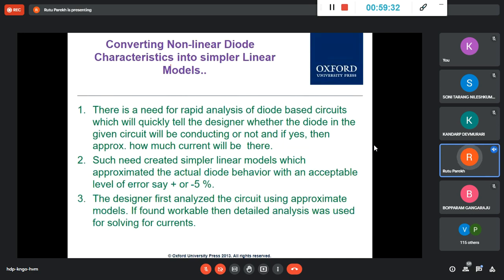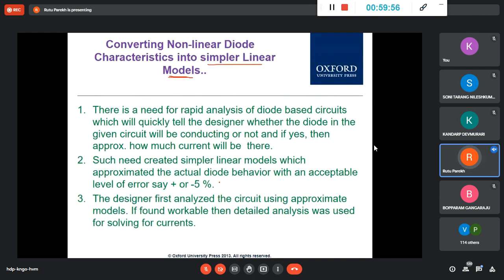So, converting the nonlinear diode characteristics into a simpler diode model. This is something you should understand as an engineer. What is a model? You must have heard of a model. These models are nothing but equations, IV equations. This is a device which has physics.